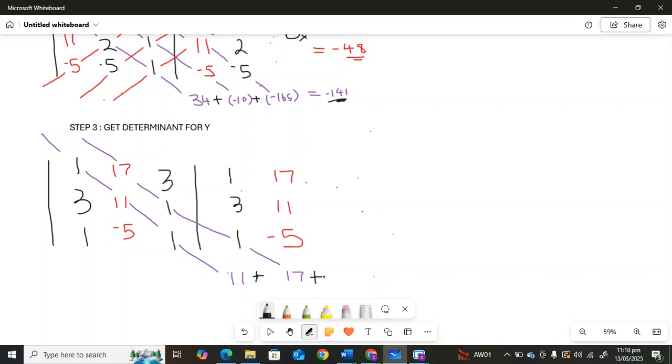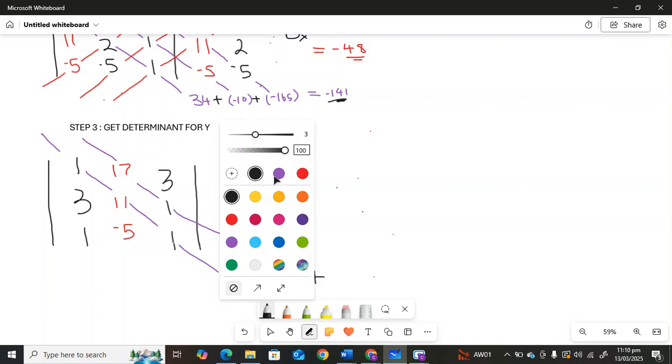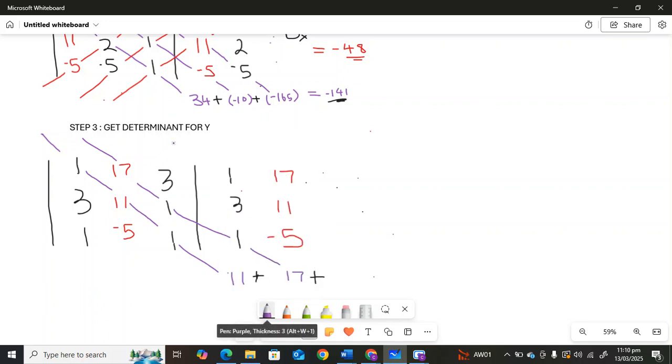Plus 3 times 3, that is 9. 9 times negative 5, negative 45. So 11 plus 17 plus negative 45, what do we get? Negative 17.